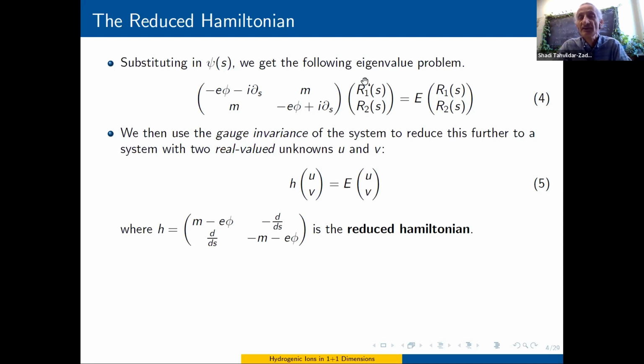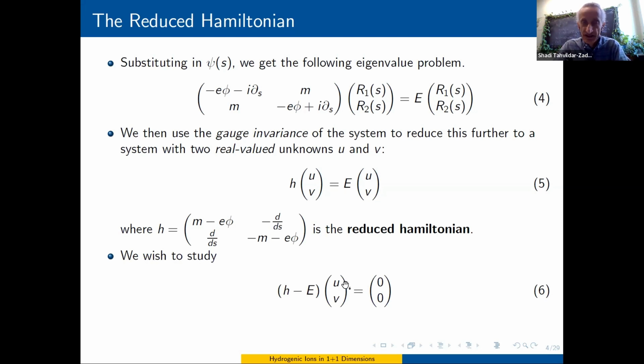It turns out that it is possible to reduce the number of unknowns to only 2 real unknowns instead of 2 complex unknowns. This is called the reduced Hamiltonian equation. Now we have a slightly different matrix operator acting on these 2-component real functions, and then we can write it like this.